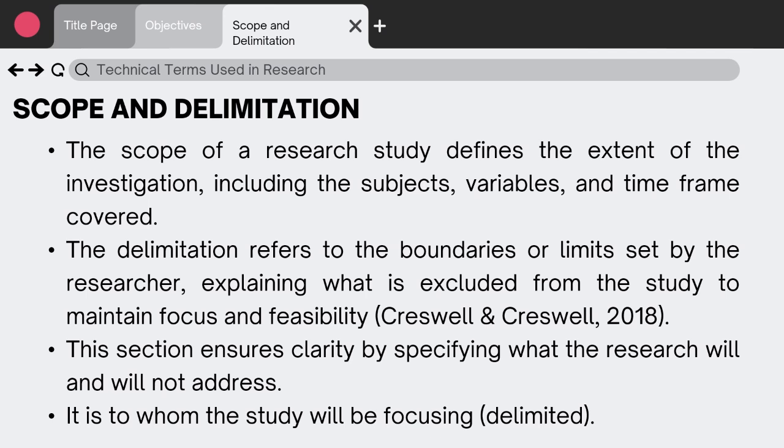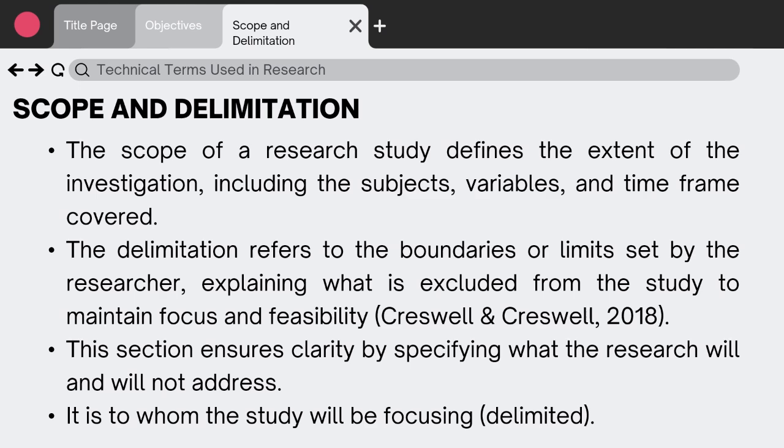As I discussed in our last topic, our research should be specific and there must be focus. So we must put the scope and the limitation. This section ensures clarity by specifying what the research will and will not address. It is to whom the study will be focusing.